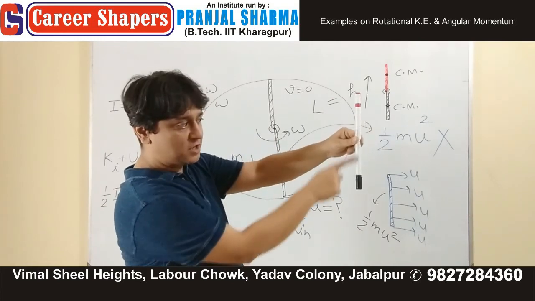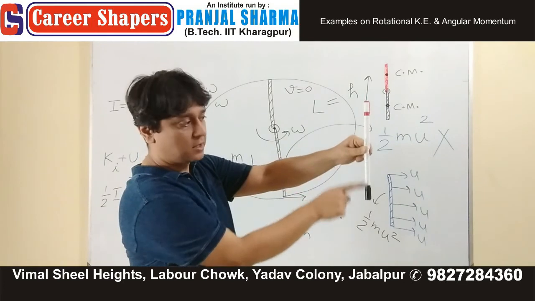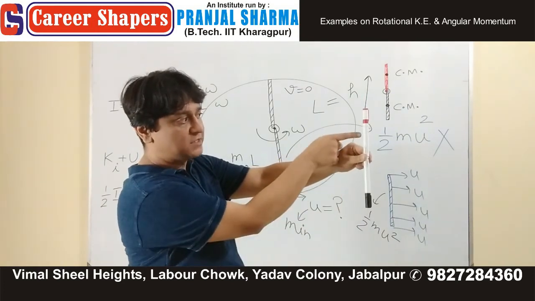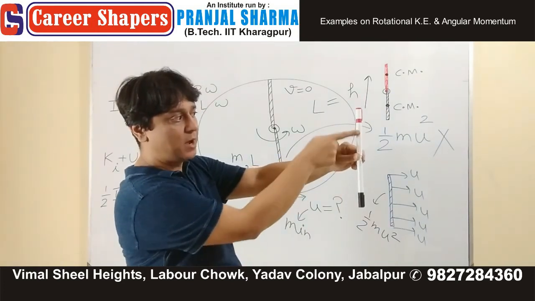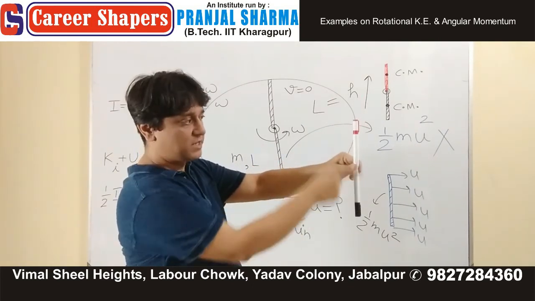Where is the center of mass of the rod initially? Right here, L by 2. And then finally the center of mass is over here, L by 2. So what is the jump H?